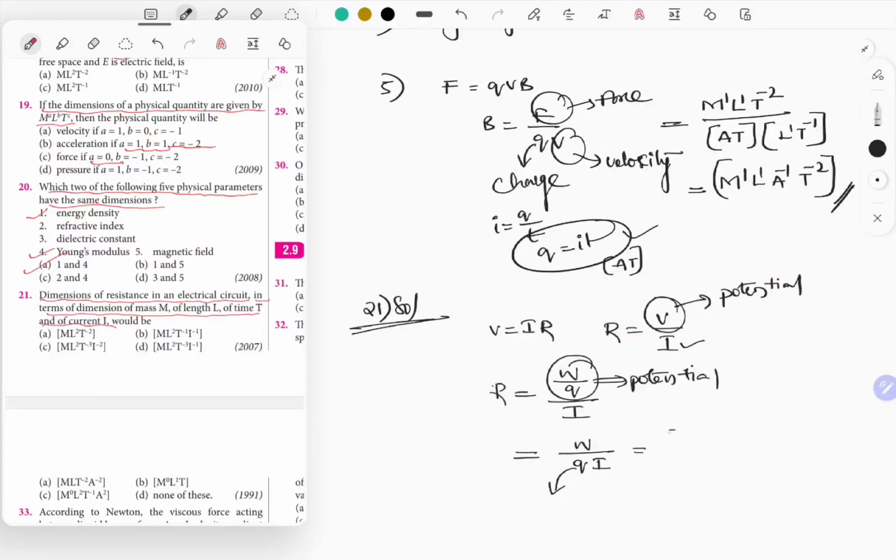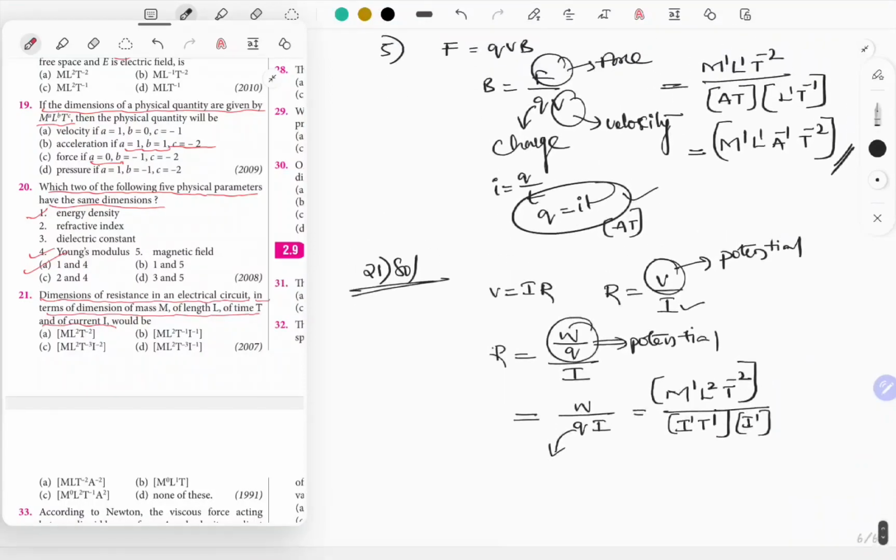So the final dimensional formula: work done dimensional formula is M power 1 L power 2 T power minus 2, divided by charge, which is I into T power 1, into I is there.